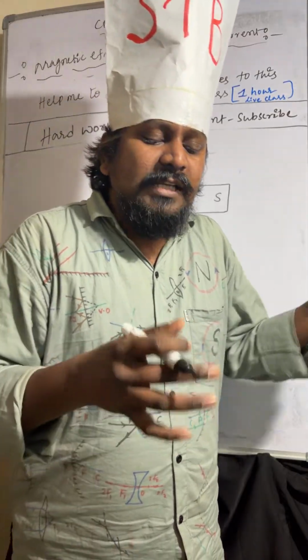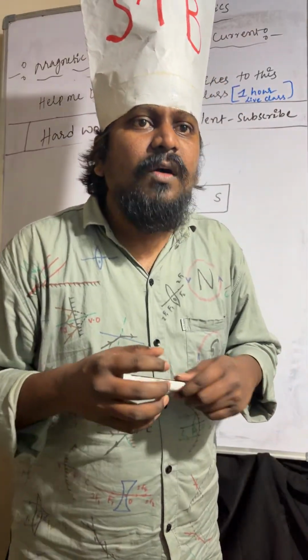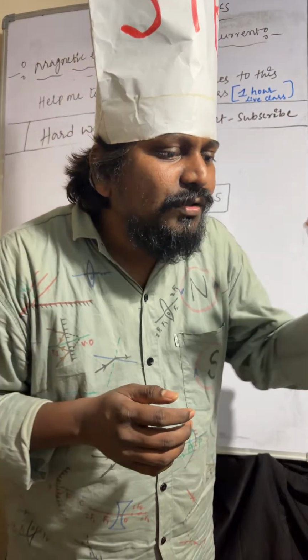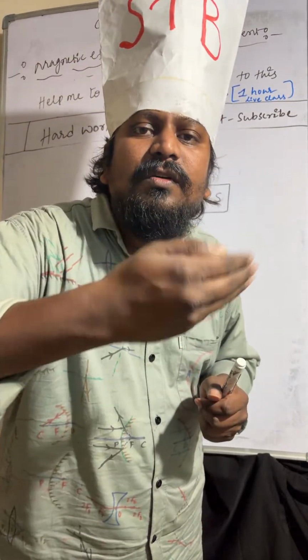Outside of the bar magnet, the field lines go from north to south. And inside the bar magnet, they go from south to north.